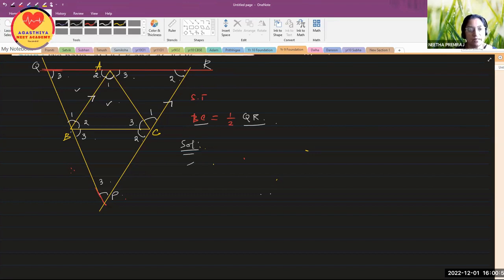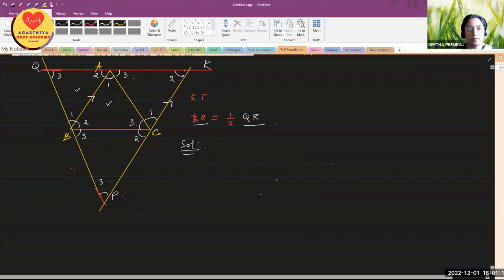I take triangle ABC and triangle BAQ. The order is very, very important. In that way, I write the order, that would be better. You will have a better understanding.